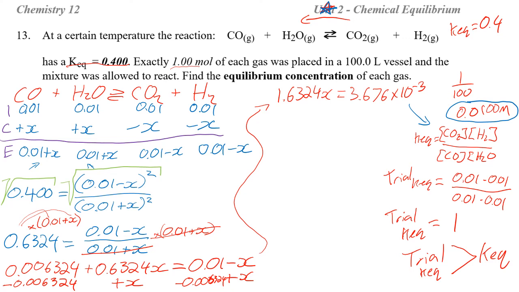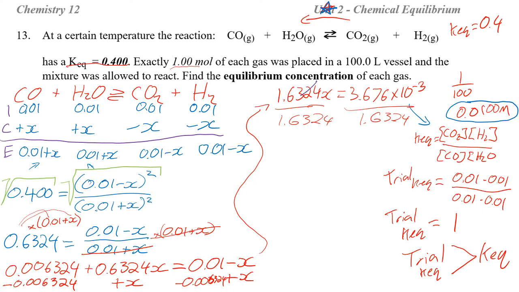Okay. And then what I'm going to do is I'm going to divide by 1.6324 on this side, divide by 1.6324 on that side.